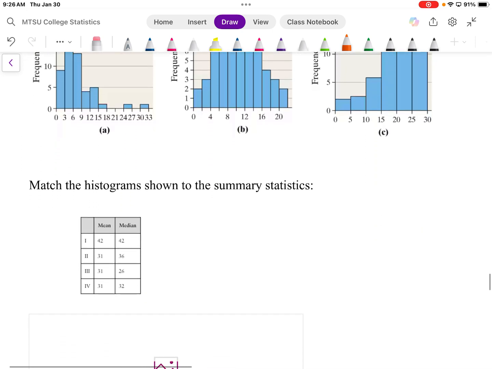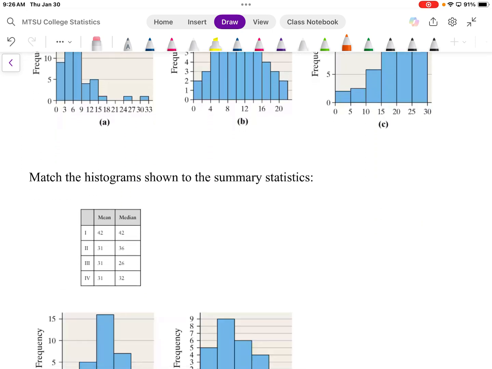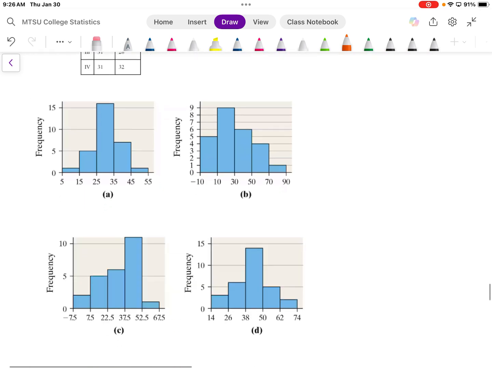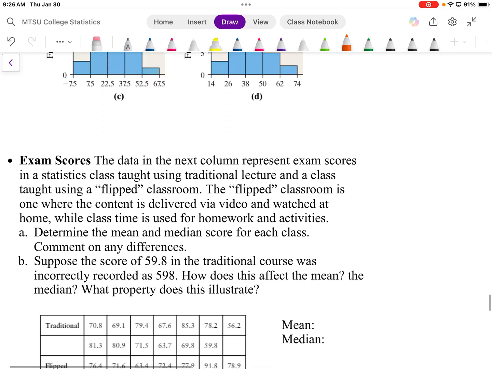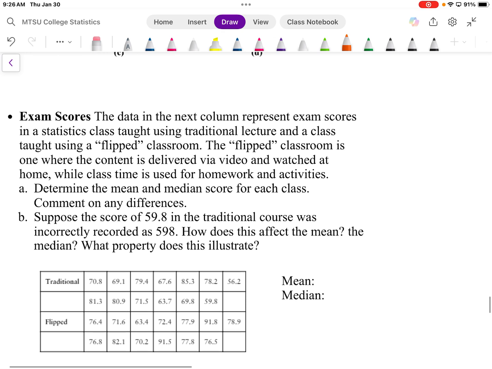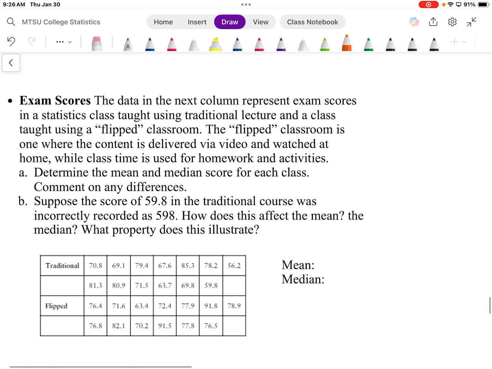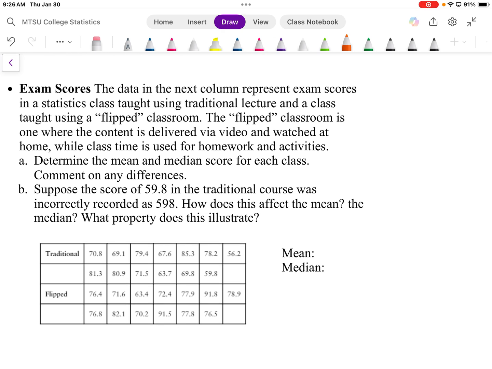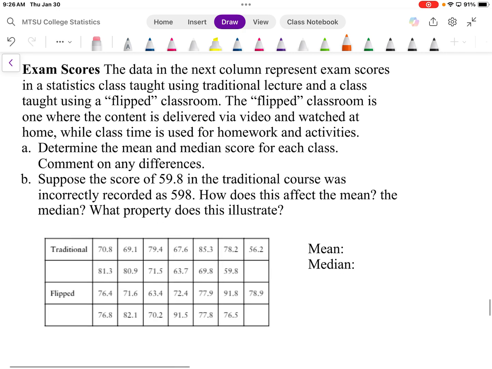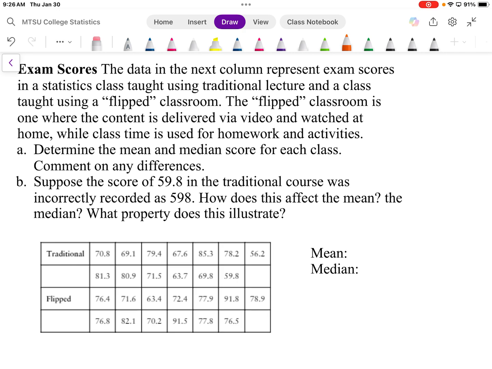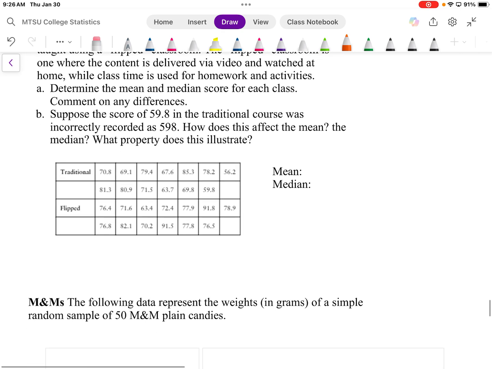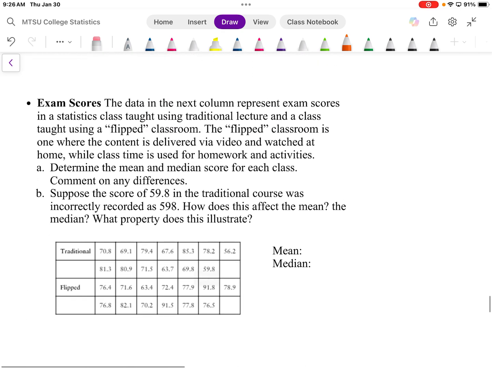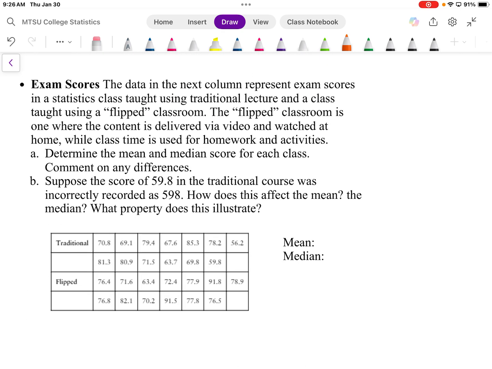I want to scroll through it real quickly there, match the histograms, so we're just matching up, scrolling through, determining the mean and medians. Okay, let's skip down to this exam scores one, because this is where we get to talk about how numbers affect stuff.